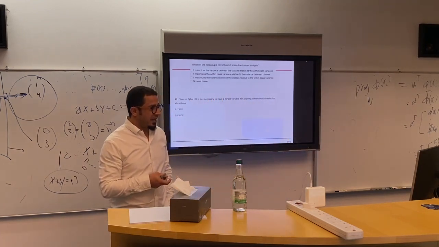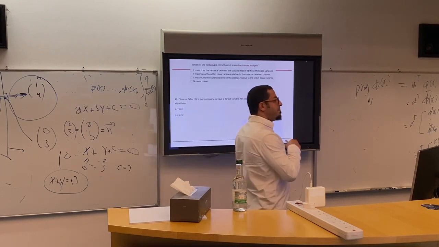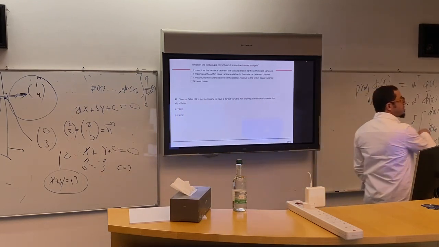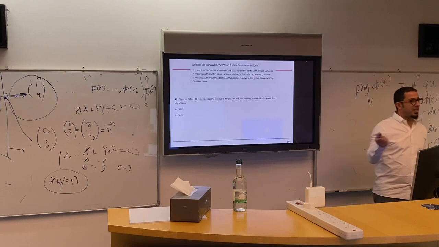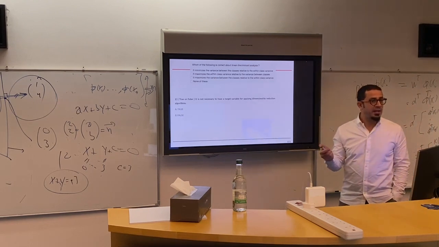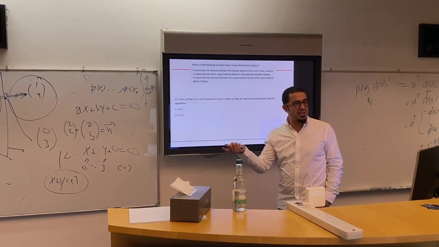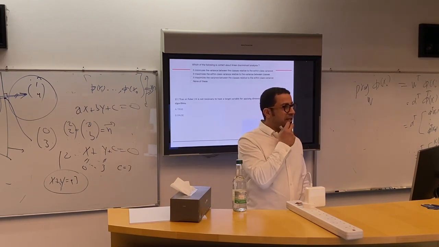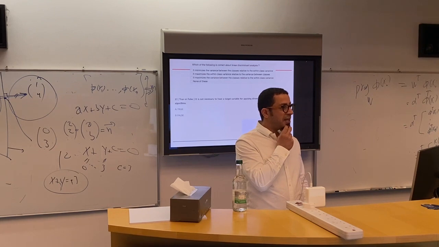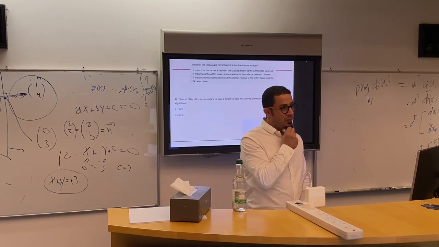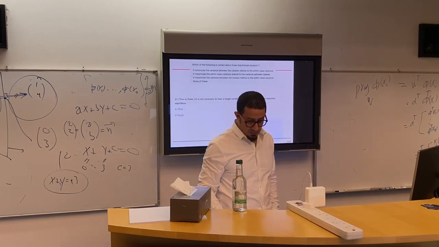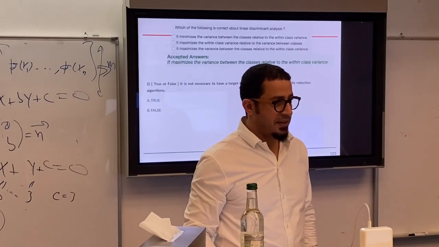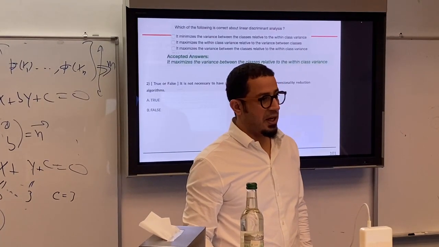I think it's correct. What does it mean? It means minimizing the variance of each class, within the classes. Okay. Second one, maximize the within class variance. Third one, maximize the variance between the classes relative to the within class. Yes. So you maximize the variance between the classes.